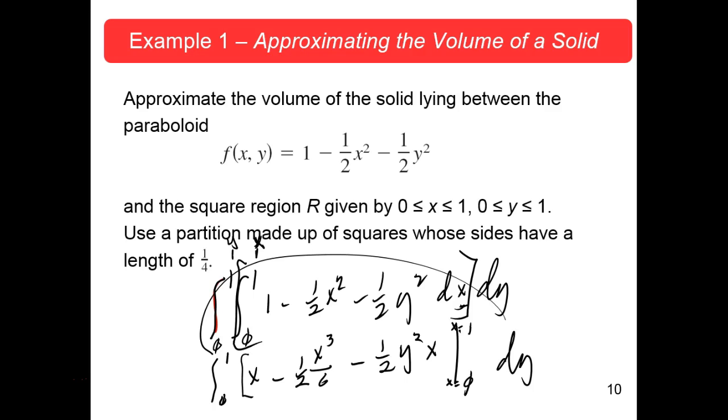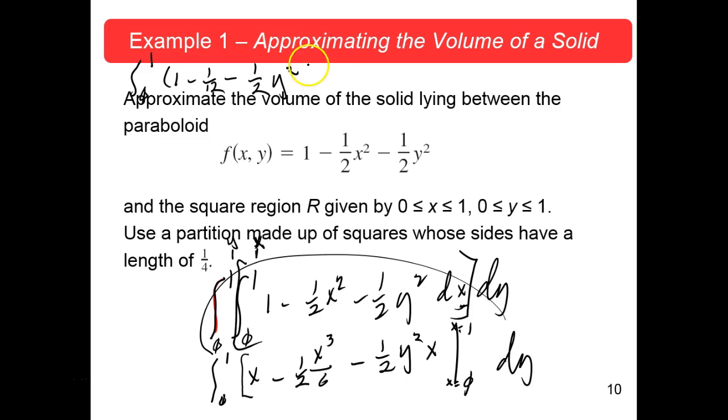That's a pretty easy evaluation. I hope you'll agree. You just plug the 1 in there and I'm going to write down the integral from 0 to 1. This is the y integral that we haven't done yet. And this will be 1 minus 1/12, right? Because x equals 1. That would just be a 1/12. Minus, you're not integrating with respect to y, so 1/2 of 1 is 1/2 y squared.